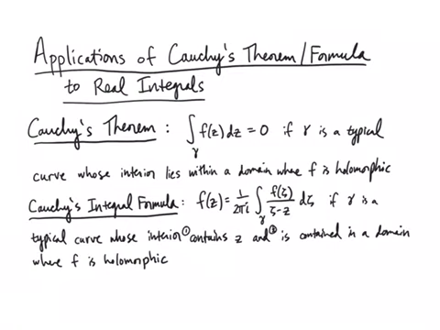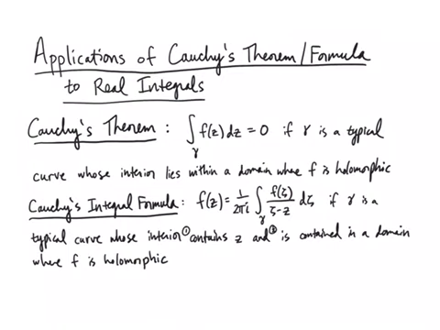We have f of z equal to 1 over 2 pi i times the integral around gamma of f of zeta over zeta minus z d zeta. So we have this rational function of z, and we're integrating that with respect to zeta, and that gives us the value of our function at z.